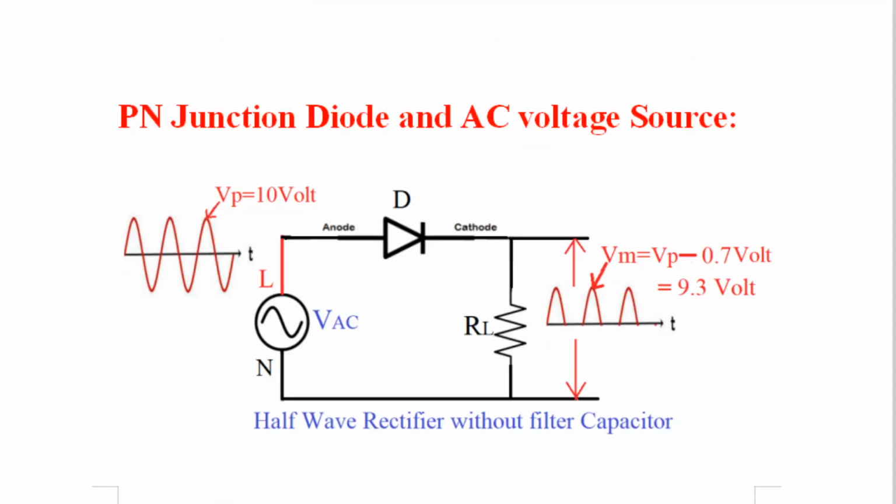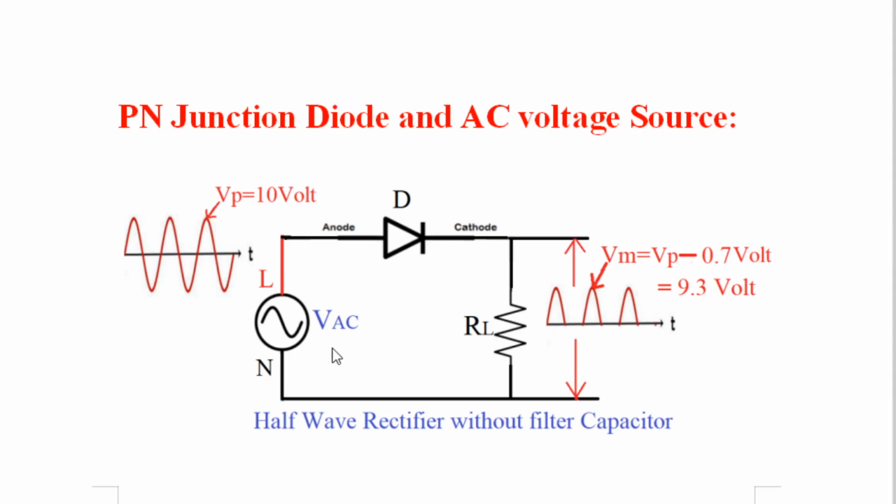Now what we will do here is try to understand the behavior of a PN junction diode, or the response of a PN junction diode to the AC voltage. Let us understand that this is our AC voltage, VAC, having live and neutral, and for this AC voltage we have taken the peak voltage, VP, the positive peak, equal to 10 volt, and that positive peak voltage of 10 volt we are applying to the anode of the diode.